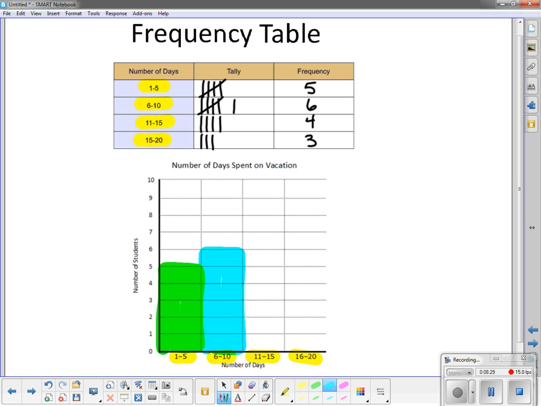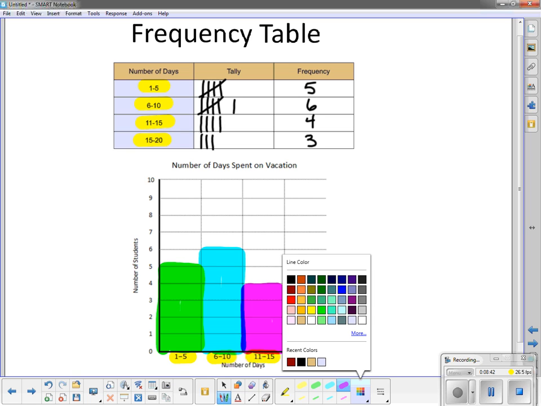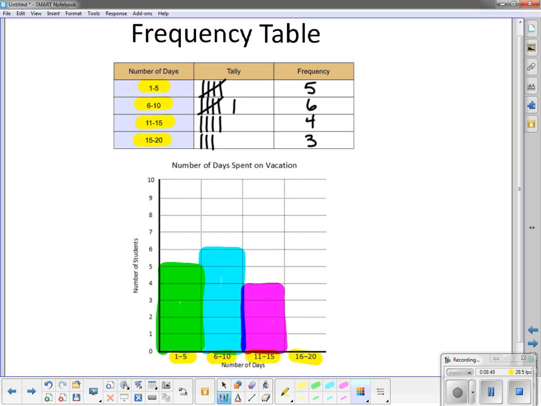So I'm going to draw the bar to the 4. And the final group, I had 3 students. I'm going to draw that bar to the 3.